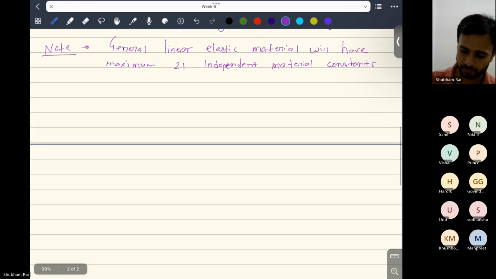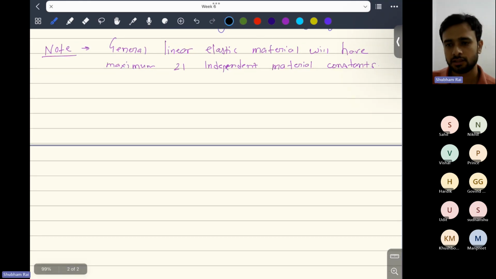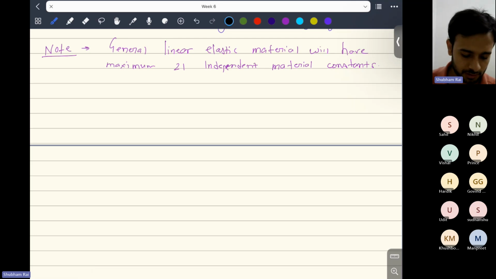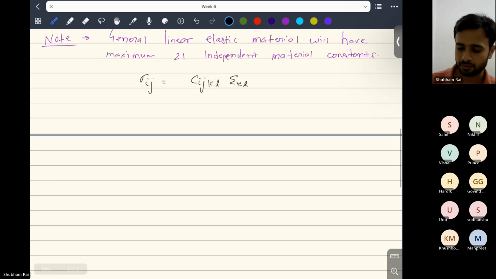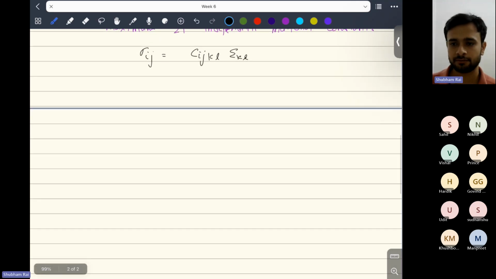Now we want to express stress in terms of strain using this elastic constitutive matrix. So we can say that sigma ij is C ijkn times epsilon kn. But if we use Voigt notation, we will write just 6 independent components.